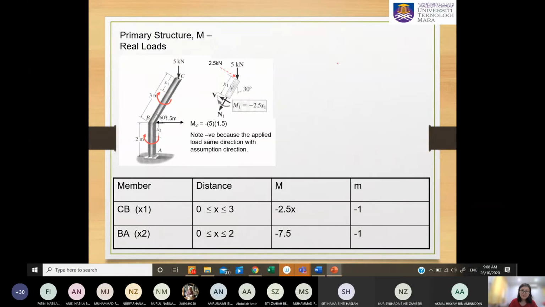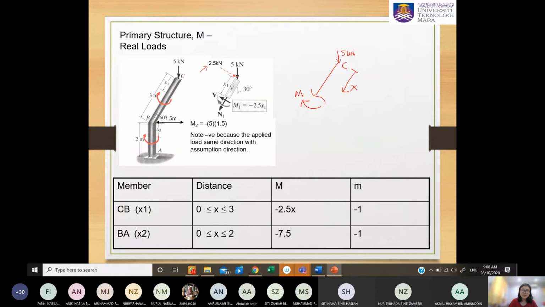So you can see that this is the free body diagram for CB, where I start my x here, and I only want to know the moment. So I have this 5 kilonewton. Now this 5 kilonewton you need to resolve into perpendicular to the member. So it has been drawn here.